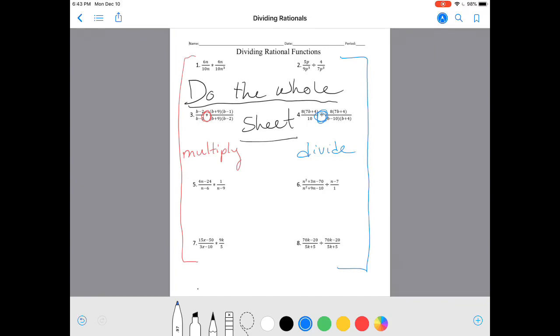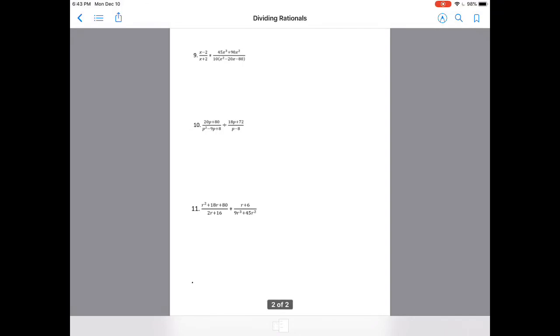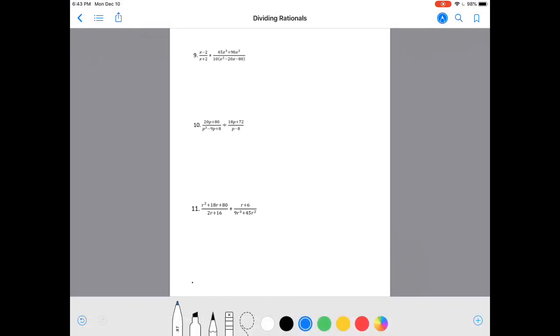On the back of the worksheet, you'll see that there's a similar mix of the different types of problems. The odd numbers, again, are multiplication, and the even number problem is division. Try not to get mixed up with what you're doing for the different types of problems.